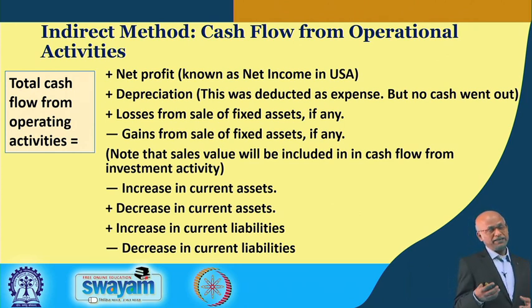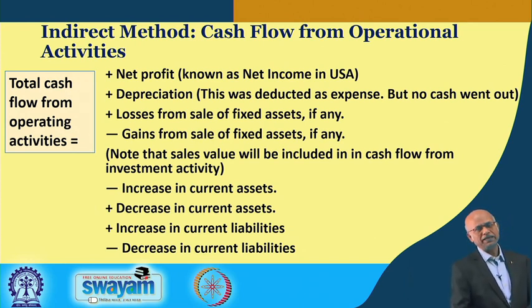Now, you might sell it at a slightly higher price than its book value or a lower price. If you gain something, that is a gain. That gain is deducted, because you have allowed at the beginning the full value of the machine and then the depreciation. Then if you gain something, that becomes excess. So, you deduct that. Any gain out of sale of a fixed asset is deducted, any loss is added.